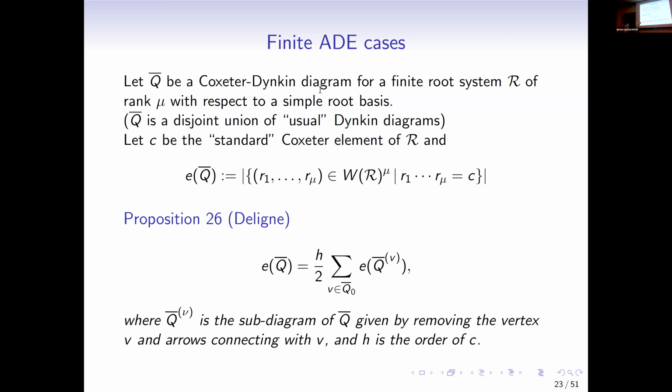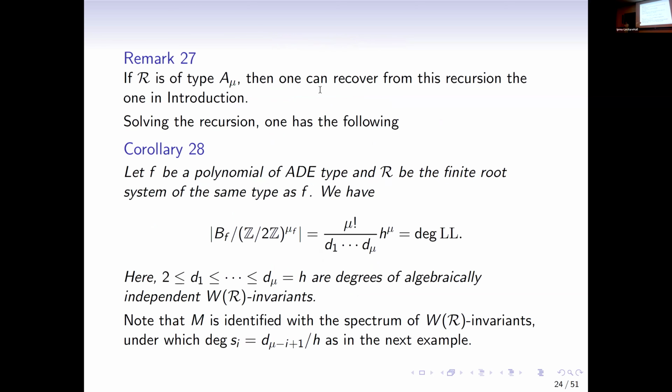And this h is the order of the Coxeter element, the usual or standard Coxeter element, which is known as the Coxeter number. Solving this recursion is not easy, but anyway, one gets this formula as an exercise.